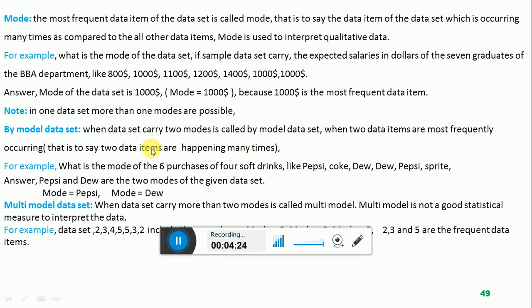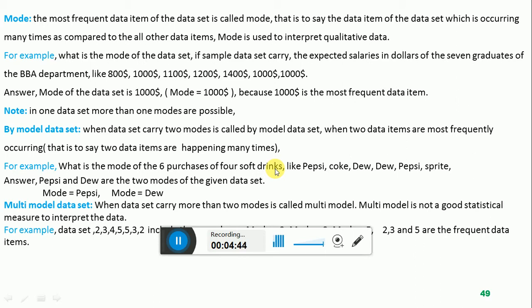Let me further clarify the concept of bimodal data set using one example. For example, what is the mode of the 6 purchases of 4 soft drinks? In this example, we have 4 different soft drinks and 6 purchases of them.